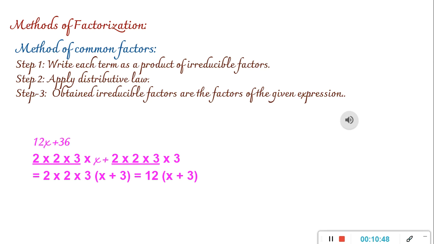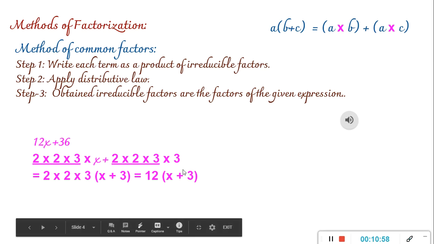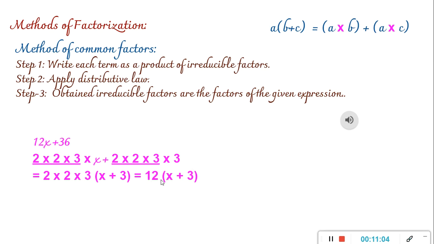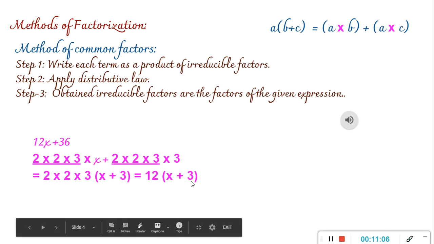If you look at the original expression, how many terms does it have? This expression has two terms: one is 12x and the other one is 36. But when you look at the factorized form, it is only one term. And what are the factors? 12 is one factor and x plus 3 is the other factor.